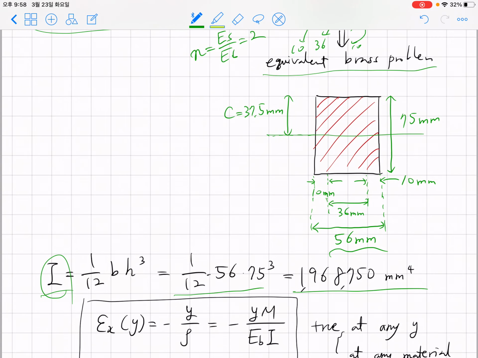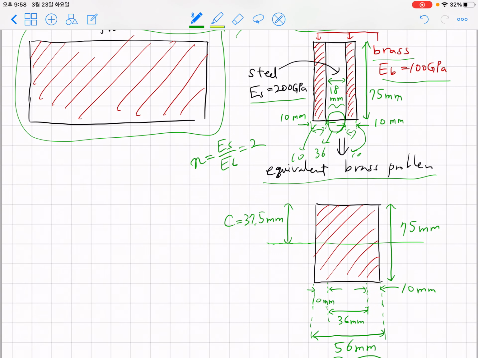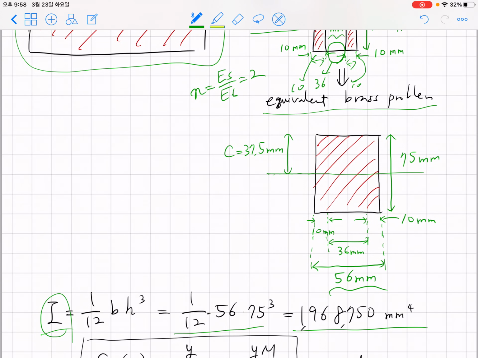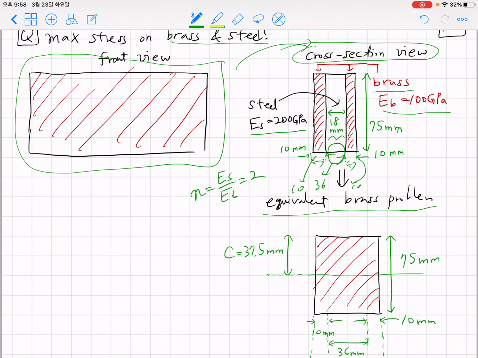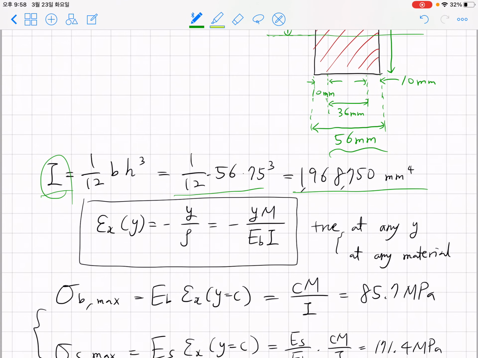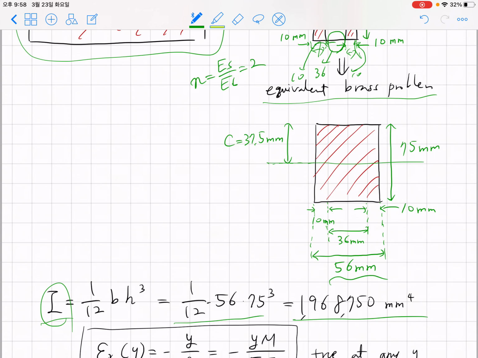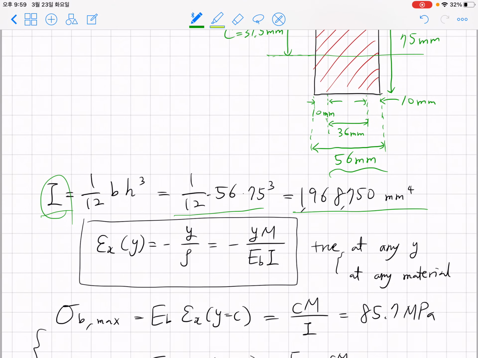But you have to be careful: when you solve this problem using steel as the reference material, you're going to have a thinner cross section, because you have to shrink the width of the brass, and then you're going to have a different I when you convert this into a steel problem. Okay, however, you don't need to worry about it.